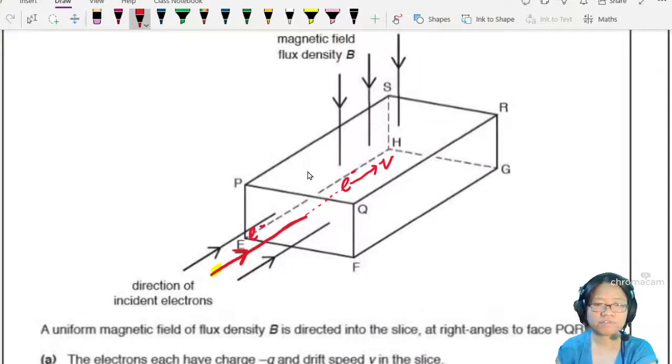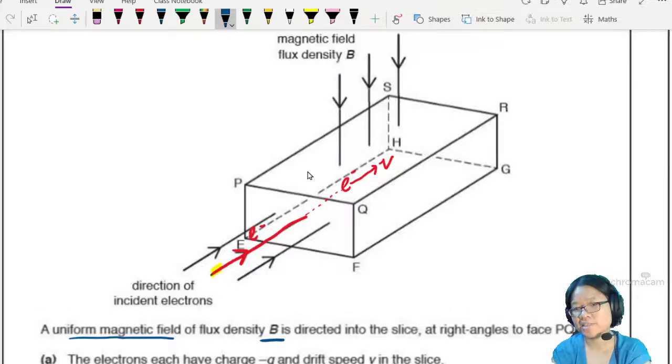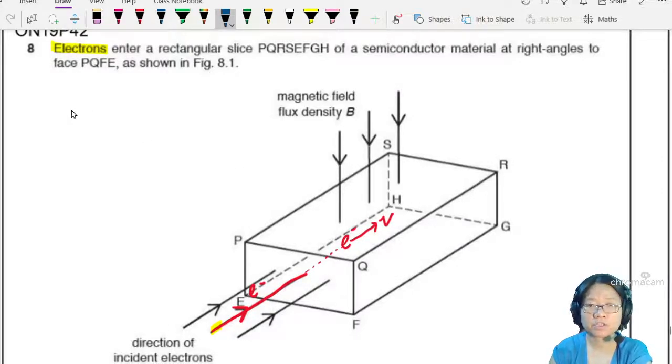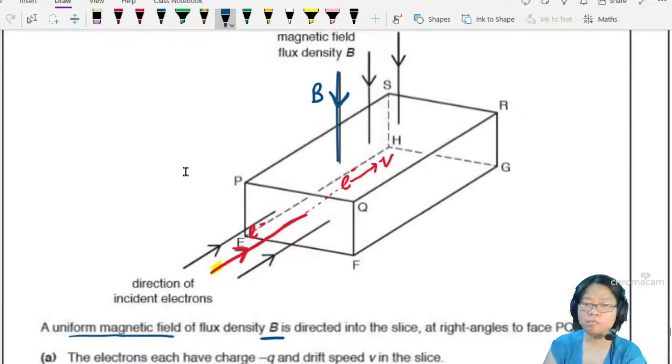A uniform magnetic flux density B is directed into the slice at right angles to the face PQRS. So at right angles to this face PQRS, the direction of magnetic flux density B is pointing downwards. This is B. Alright, the setup is fairly common.